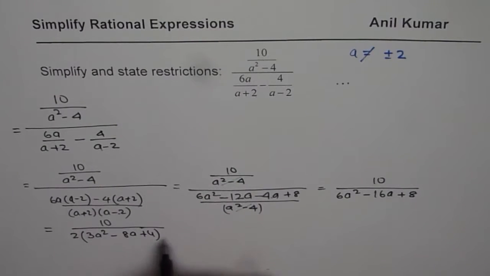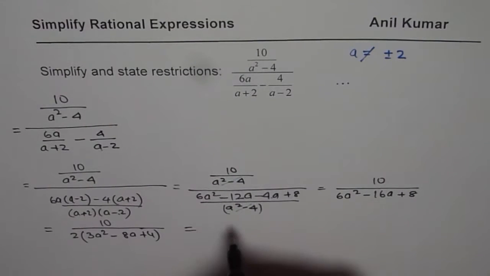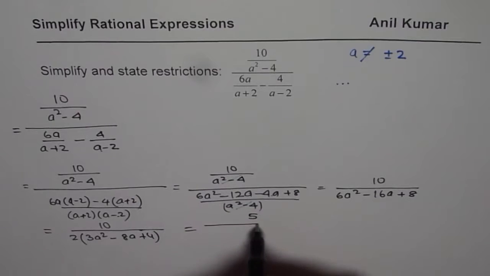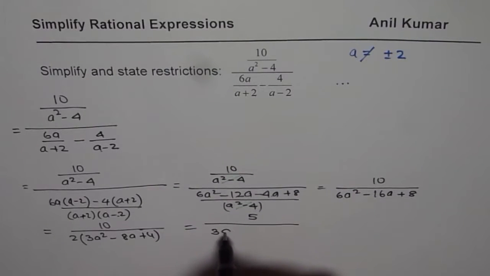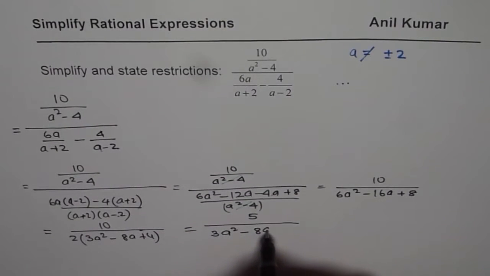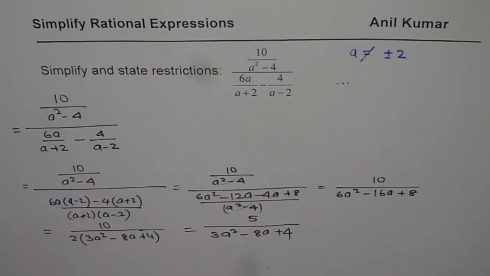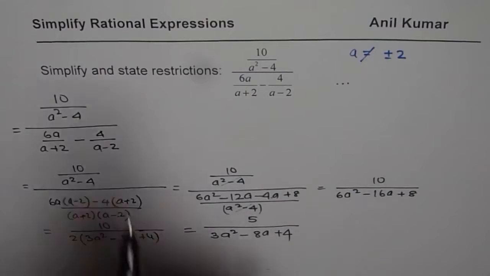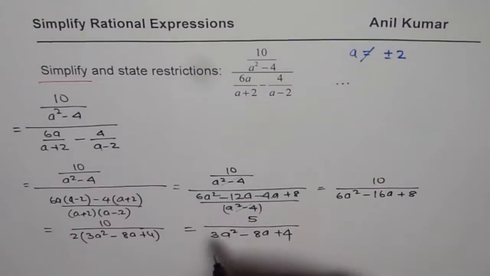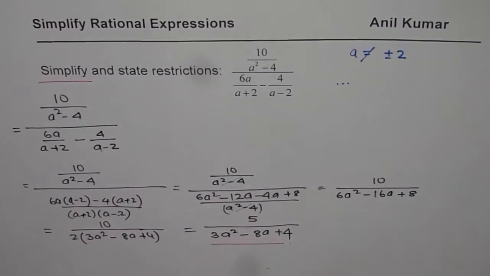Now 10 divided by 2 is 5, so I'll write this as 5 divided by 3a square minus 8a plus 4. So that becomes the simplified version. That is the first part, so we have simplified the given expression, and that's our solution.